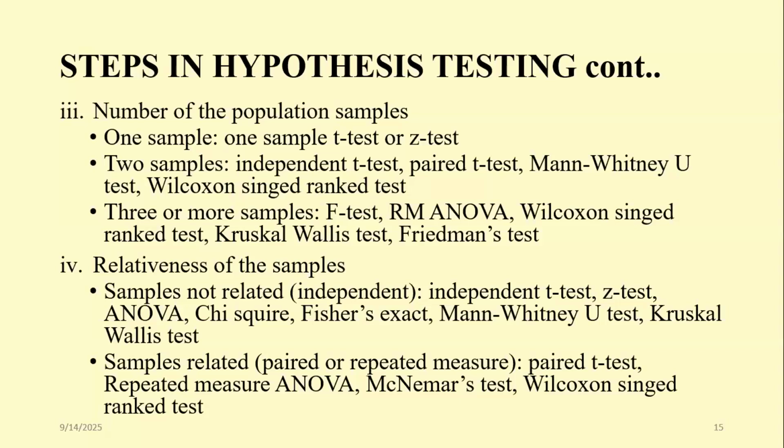Then after the training, I take another data. So you see, I have 2 different data sets from one sample. So these are related samples. The type of test statistic you are going to choose will be different from the one you choose if they are independent.